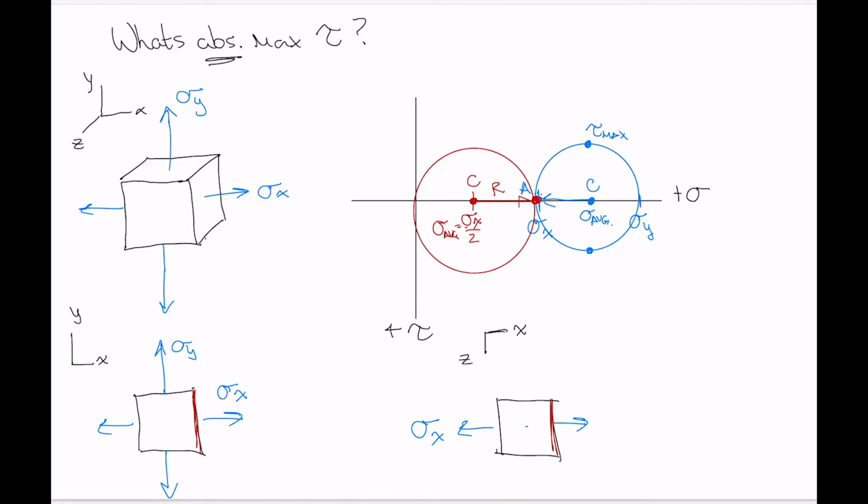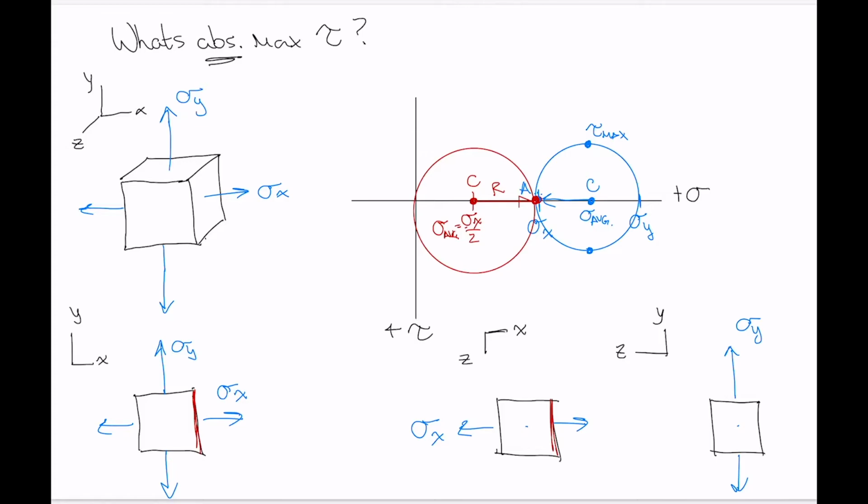But what if, we've got another option, what if instead we chose to draw the element in the YZ plane? So we've got Z here and Y here. Then we'd see our element, and sigma x would just appear as a dot, and we'd only see sigma y.